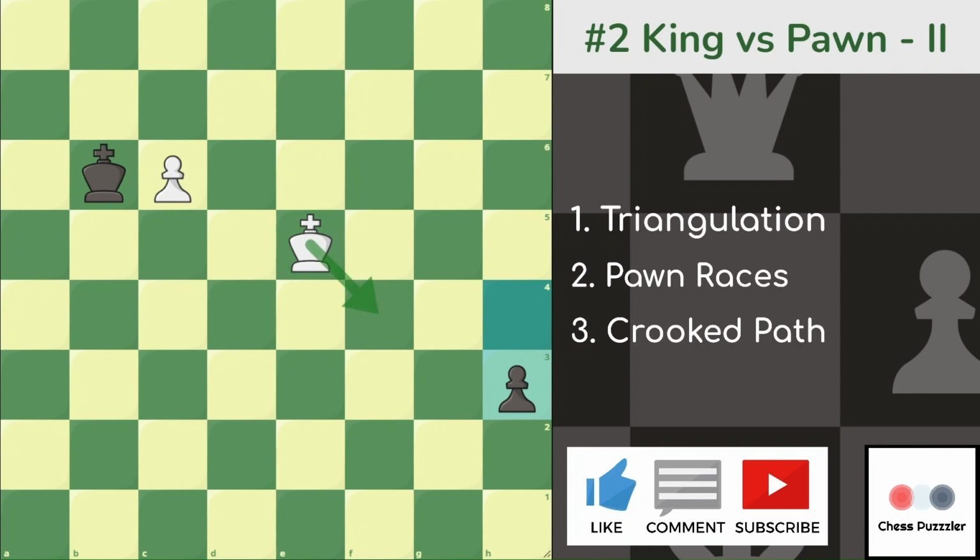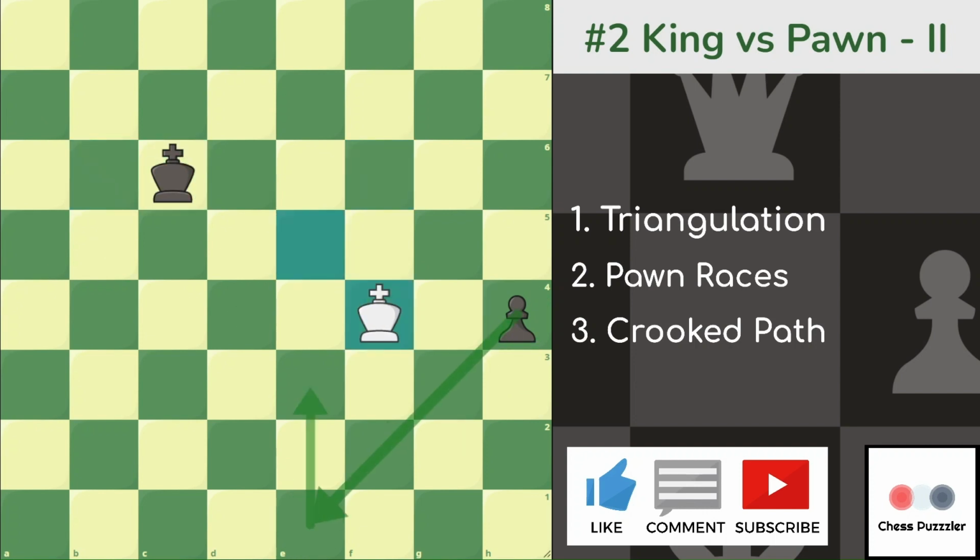So, yeah. So to escape the square, black moves to h3. If black had taken on c6, king f4. Now, as you can see, white king is inside the square of this particular pawn, and this game is going to be a draw. So king f4, h3, king g3, h2, and king takes on h2, and it's a draw.